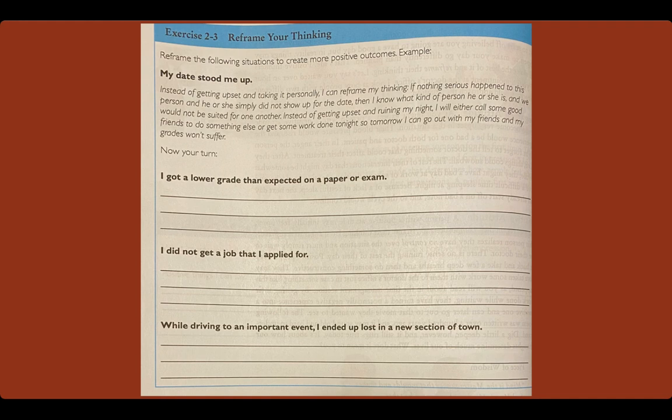In this exercise 2-3, we're asked to reframe three situations to create more positive outcomes. This is a really good exercise in that we're required to contemplate, to consider, to sit quietly and reach into psychological places rarely visited. In truth, and due to human nature, we find it easier when we're confronted with negative things and circumstances to fall into a negative mindset.